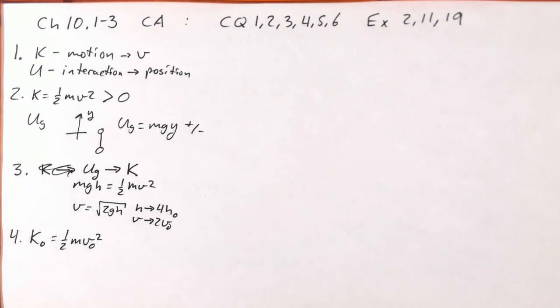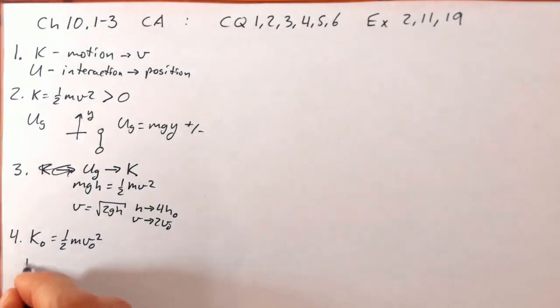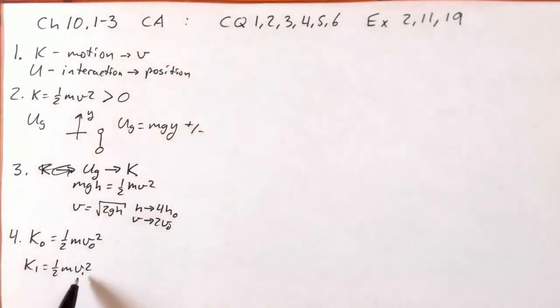And the question is, what's going to be the total velocity? Note, it doesn't say the y velocity or the x velocity, it just says the velocity when it hits the ground. That's going to be K1, 1/2 m v1 squared, so that's what we're looking for, but it's buried inside the final kinetic energy.